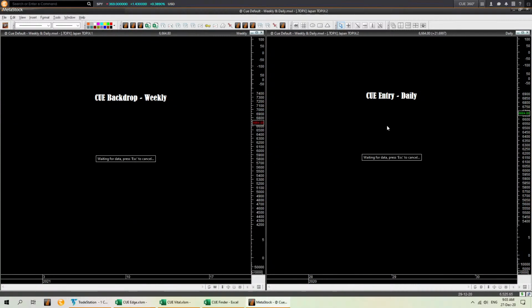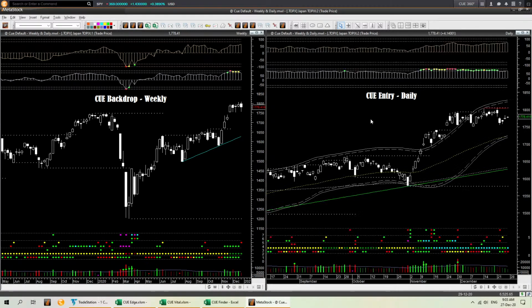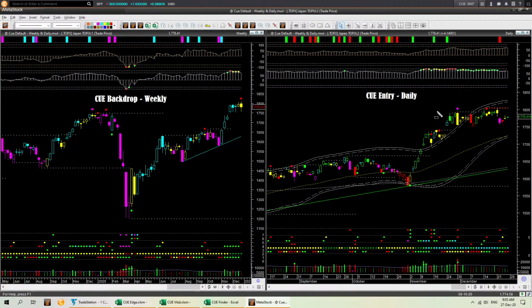Japanese market Topix index. This is also moving sideways after displaying the bearish headwind signal. The weekly is also showing the same sideways move.